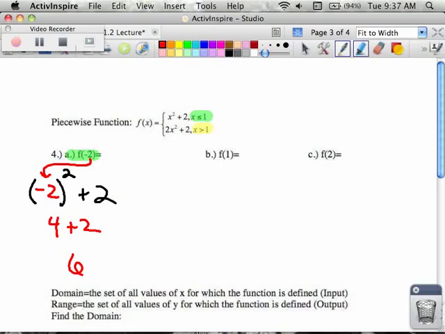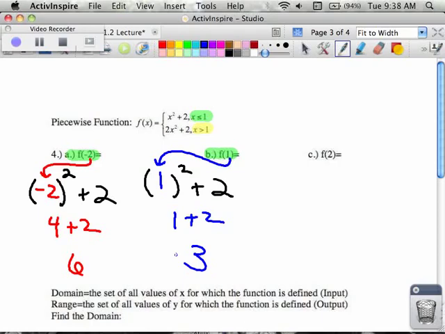So I'm going to use the green stuff again. This time, when I write down my parentheses squared plus 2, I'm going to dump in a 1, because it said plug in a 1. So 1 squared is 1 plus 2 more, for a grand total of 3.